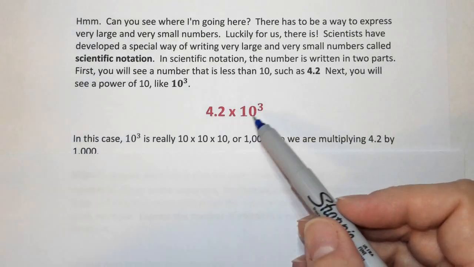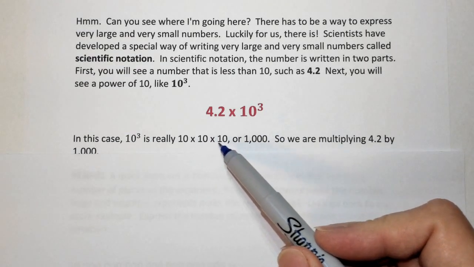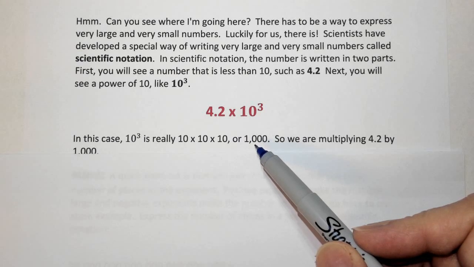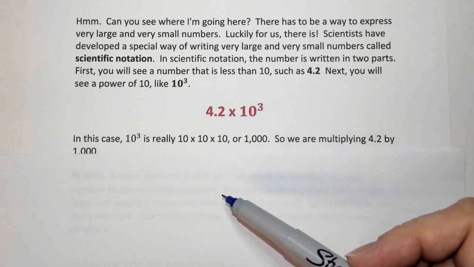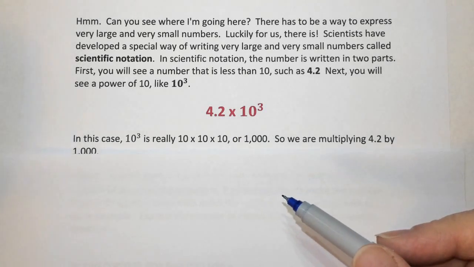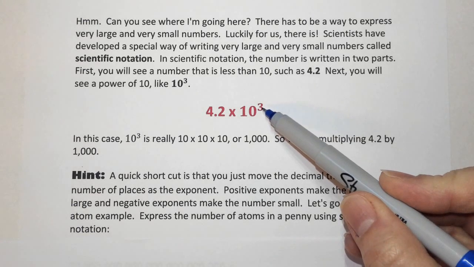In this case, 10 to the third power is really 10 three times. 10 times 10 times 10, which would be 1,000. So we're really multiplying 4.2 by 1,000, which would make it larger. And here's a hint for you as you're doing some of these. A quick shortcut is that you just move the decimal the same number of places as the exponent right here.